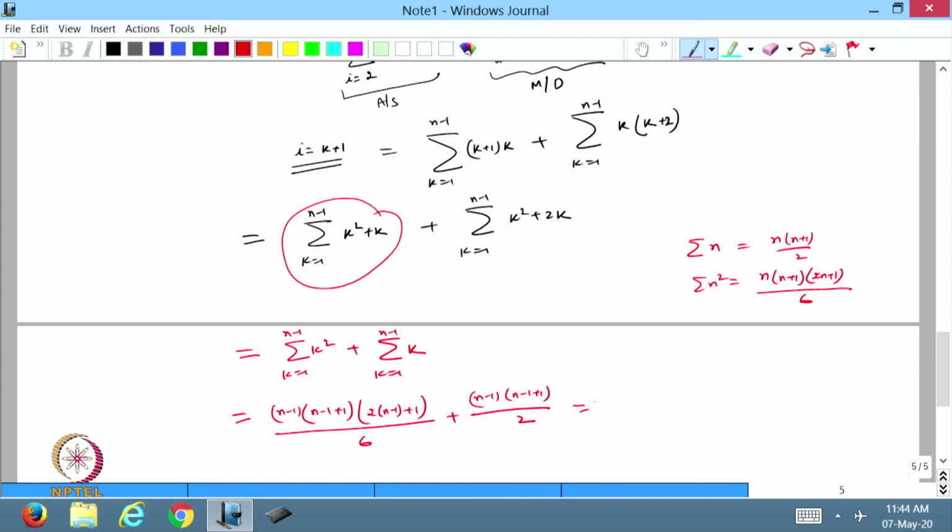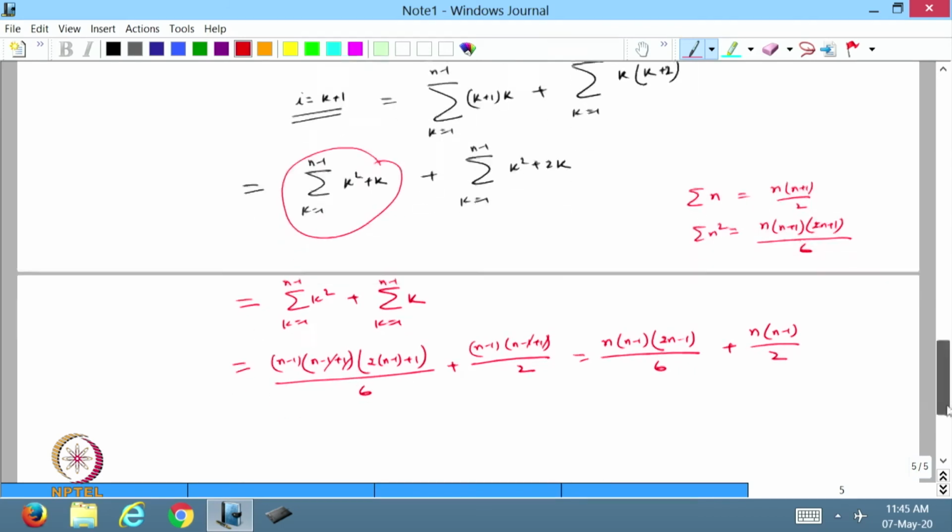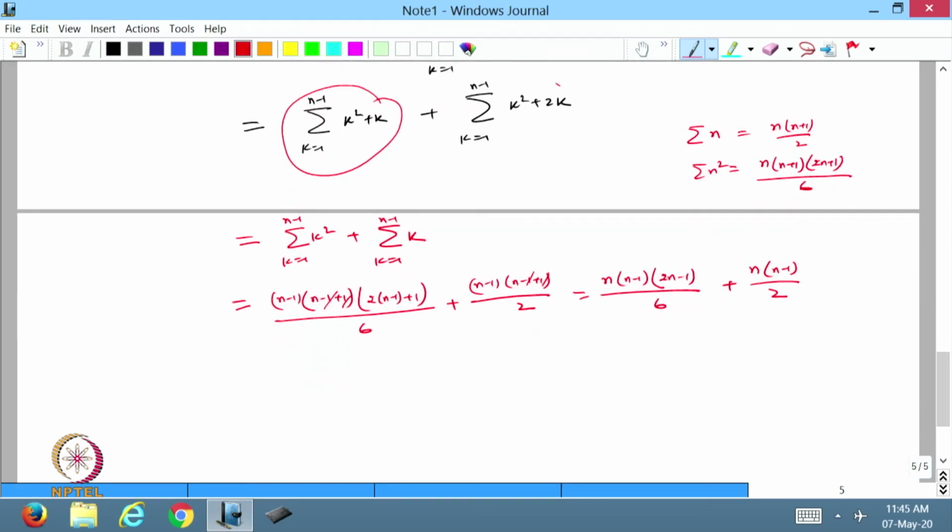Now, from here I will get, this will cancel, this will cancel. So, it will be n minus 1 and then into 2n minus 1 by 6 plus n minus 1 by 2.